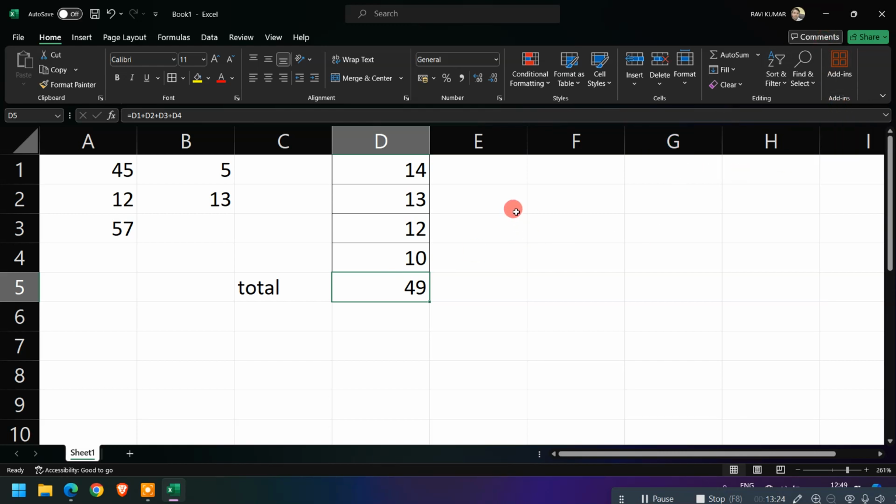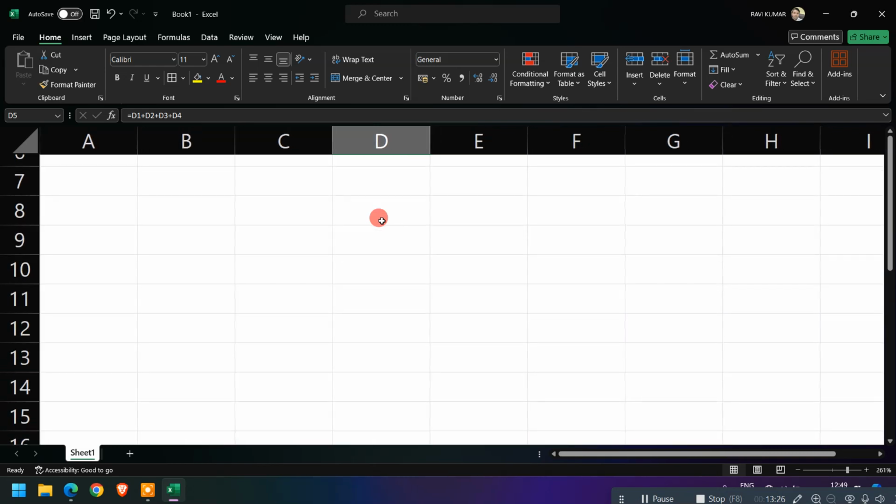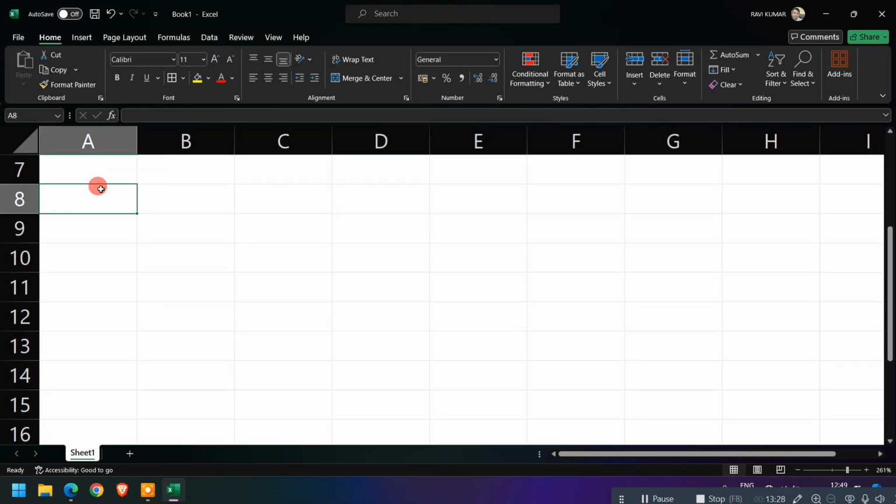If you want to do more, I am going to show my weekly expenses, how much I have spent.